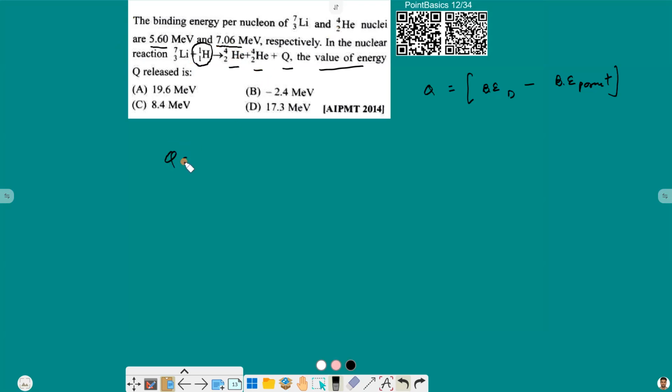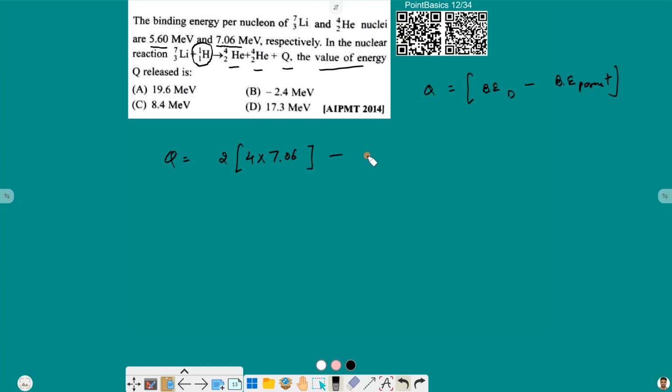So Q value will be equal to 2 times, for helium it will be 4 times the binding energy, that is, for helium it is 7.06. Oh, sorry, not 5.6, that is 7.06, and that is for helium.